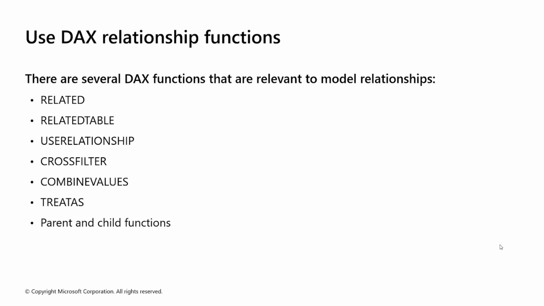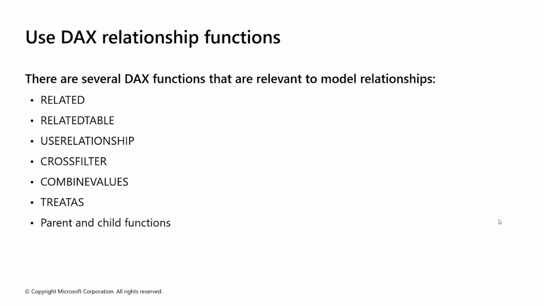Okay. Then we have the TREATAS function. This TREATAS function applies the result of a table expression as filters to columns from an unrelated table. It's helpful in advanced scenarios when you want to create a virtual relationship during the evaluation of a specific calculation.